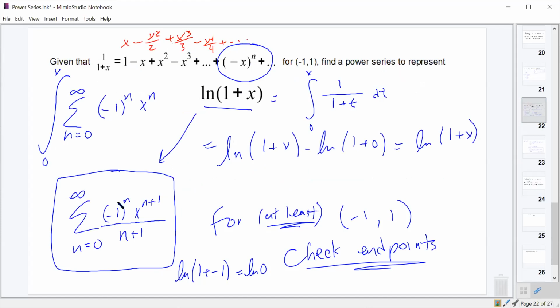And if I write out the values of this starting at n equals 0, at n equals 0, this thing comes out to be 1 times x over 1, so that's x. And n equals 1, we're going to end up with minus, from the alternating part of it, x squared over 2. And then the next one will be a plus because it's (-1) squared, and it'll be x cubed over 3, and so on. And we see that those terms come out the same if you plug into the series or if you term by term integrate. Does that make sense?